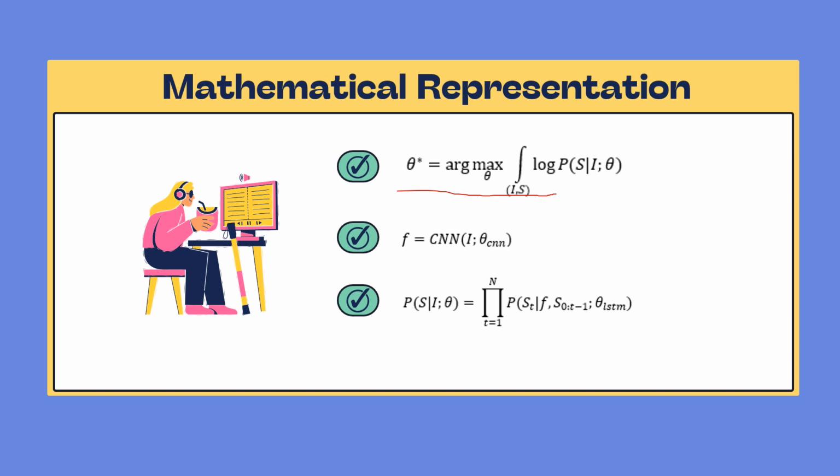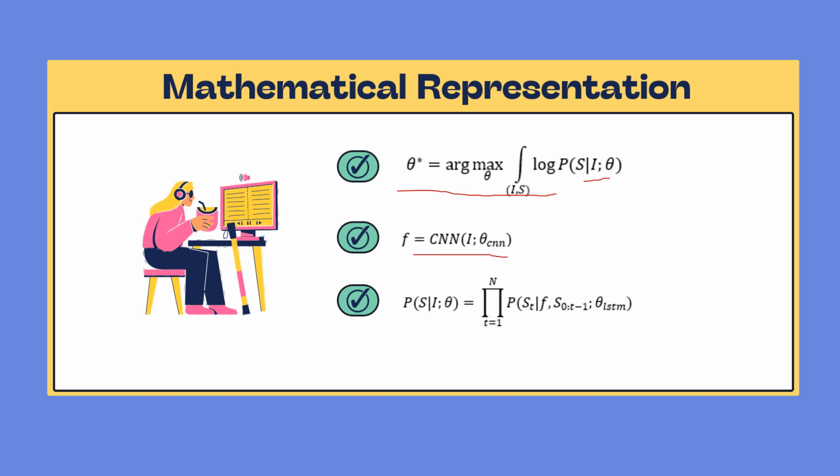So our objective function is the optimal set of parameters theta that maximizes the log probability of the correct caption S given image I. Then we have feature extraction by CNN. The encoder part of our model uses a CNN to transform the input image I into a dense feature vector F, which I explain in here.